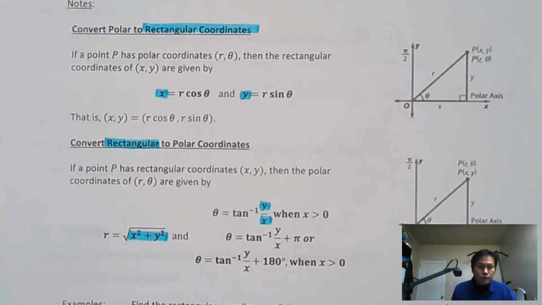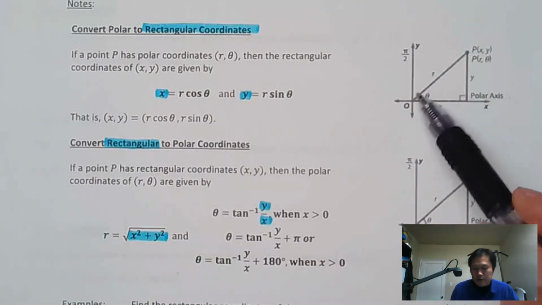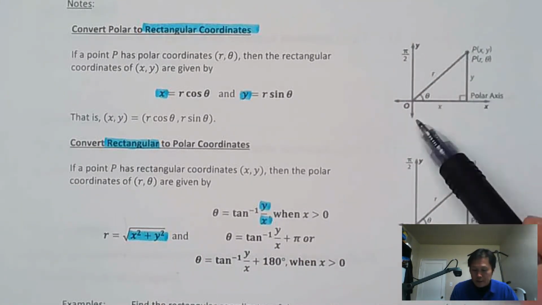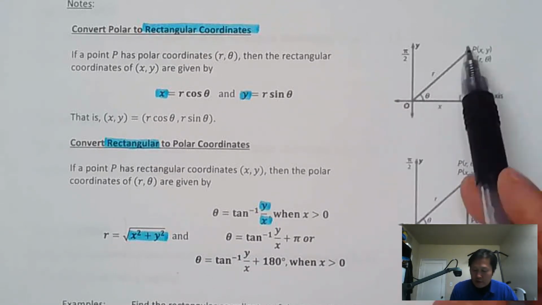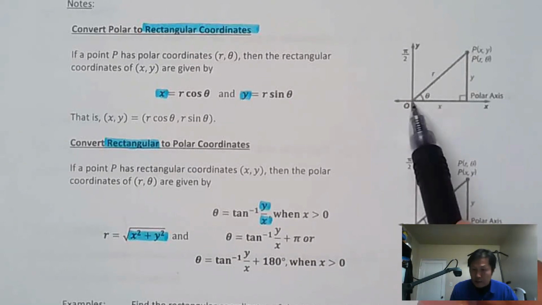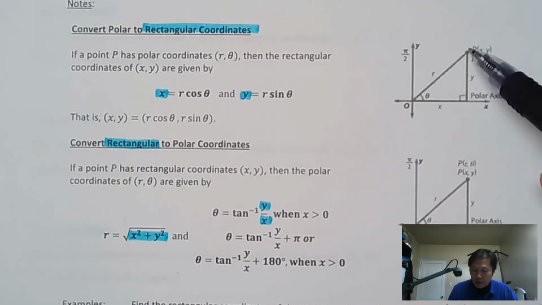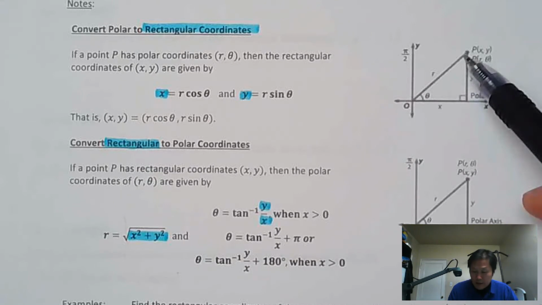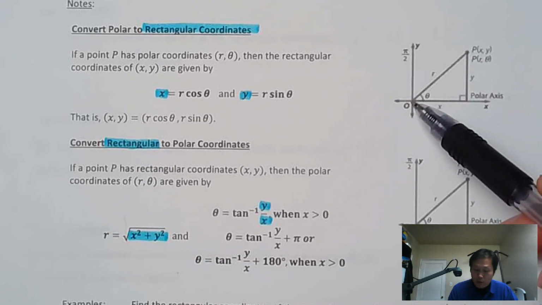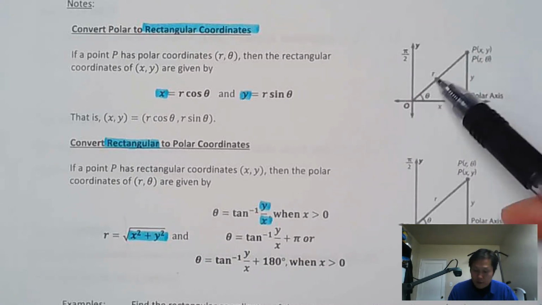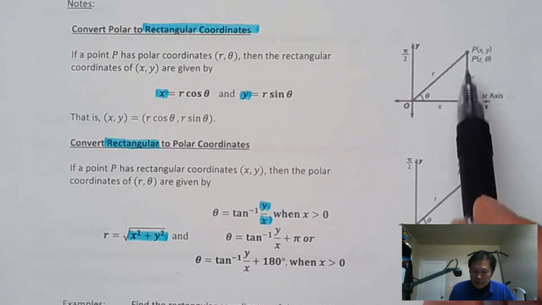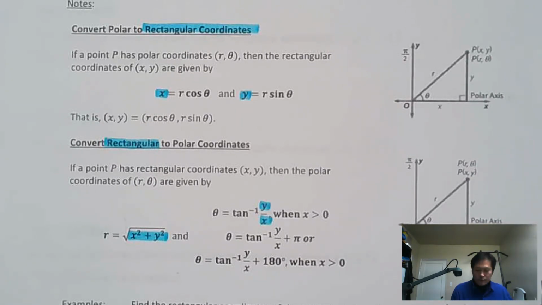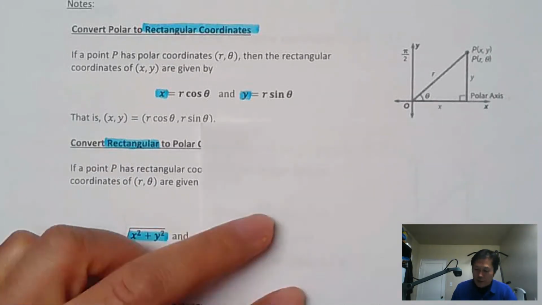If you're trying to understand why that is, here's the explanation. Given an x value and y value, you can draw a right triangle like this. This length will be x, this length will be y, and the length from the pole to this point will be r, the radius.